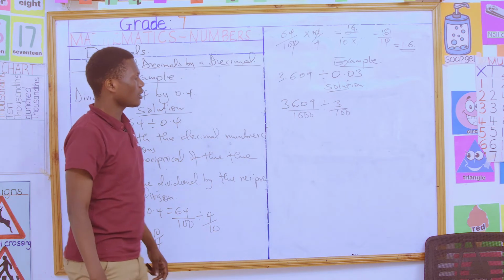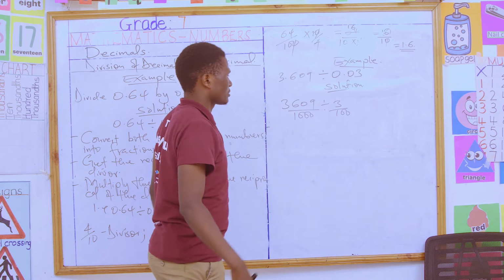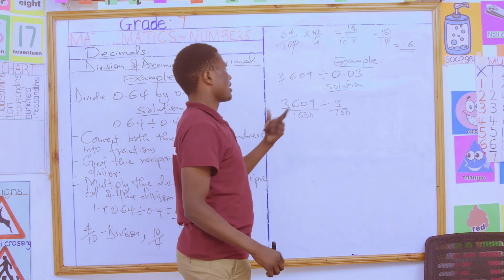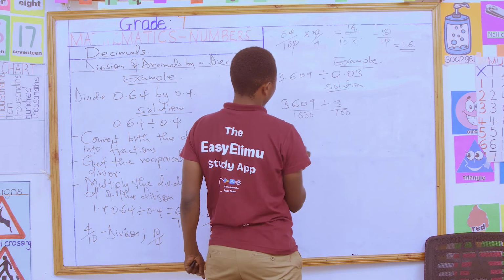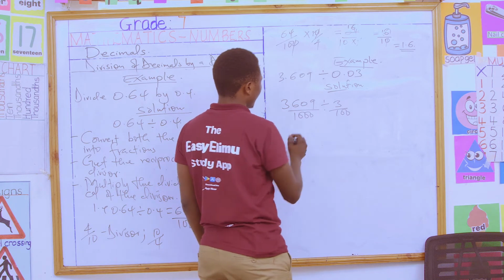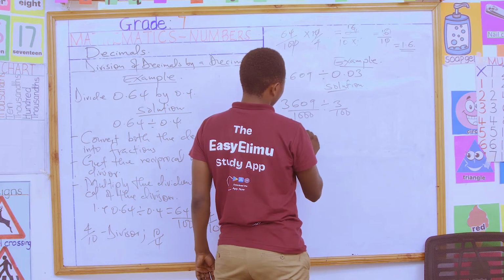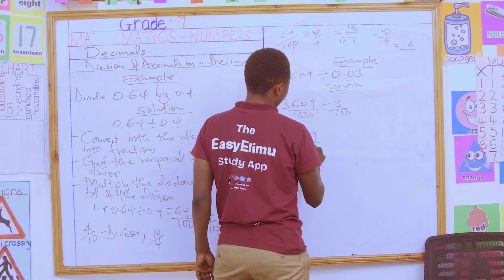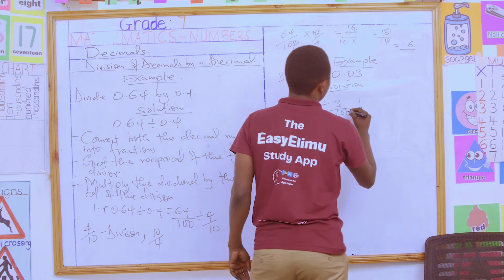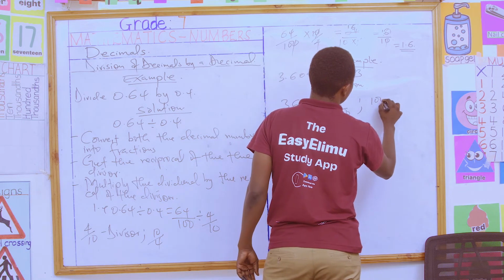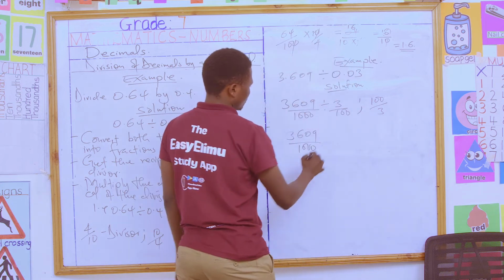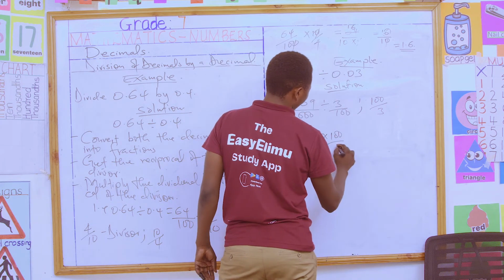This is our divisor. We'll get its reciprocal, then we multiply it by our dividend. Then from there, we go ahead and multiply the fractions normally. So that is 3,609 over 1,000. Here, the reciprocal of this is 100 over 3, so that is times 100 over 3.